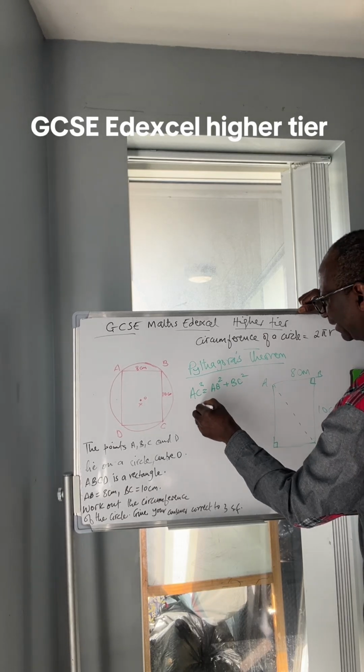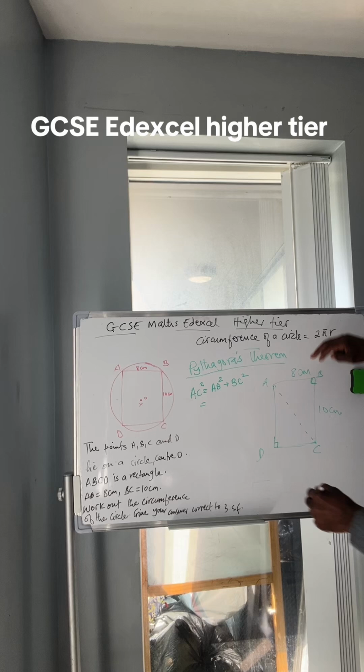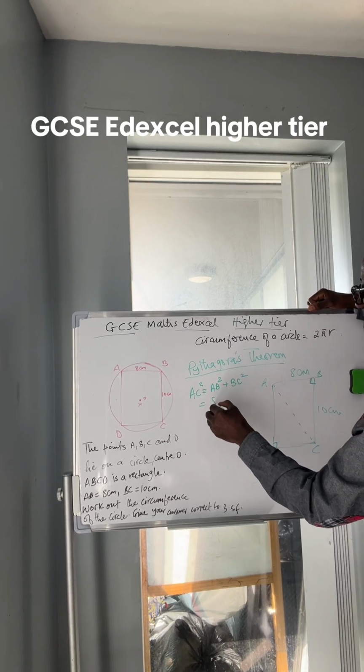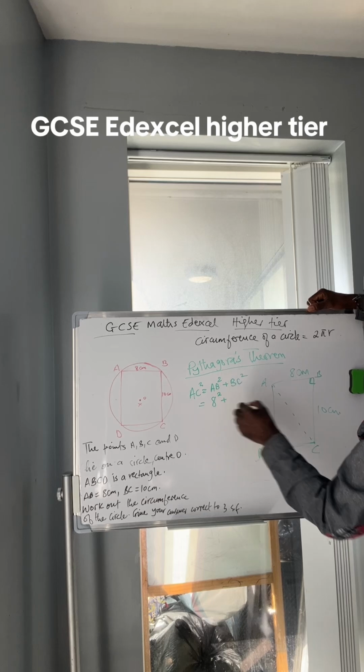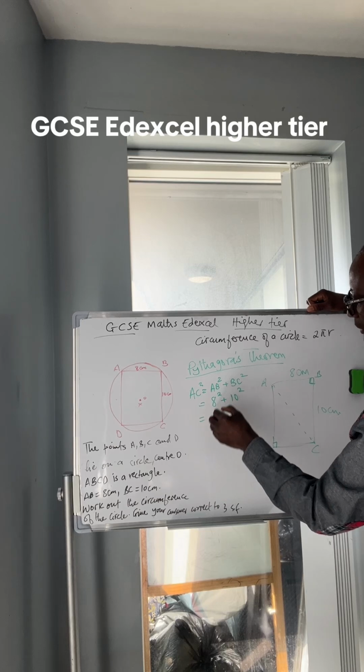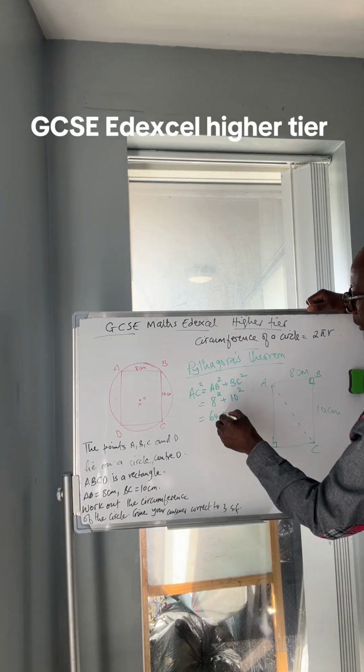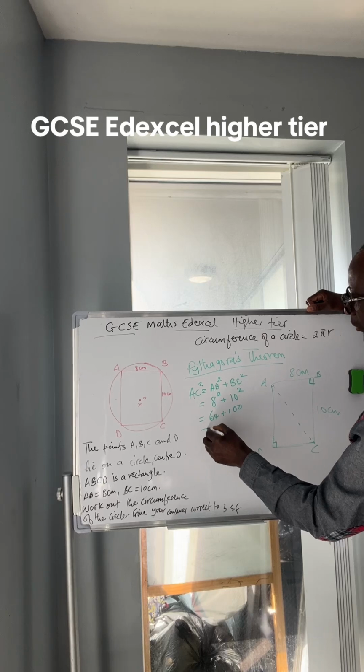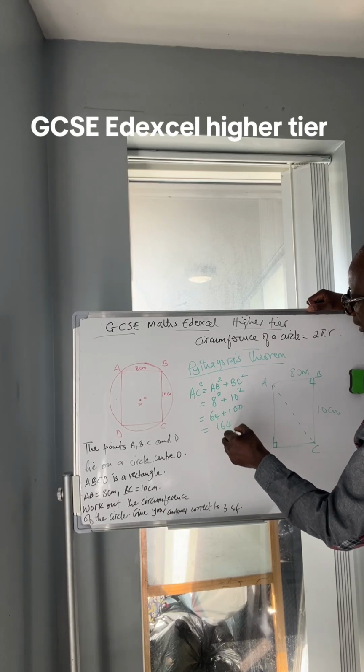We don't know what AC squared is, but we already know AB squared is 8 squared plus 10 squared. This is 64 plus 100, so this gives us 164.